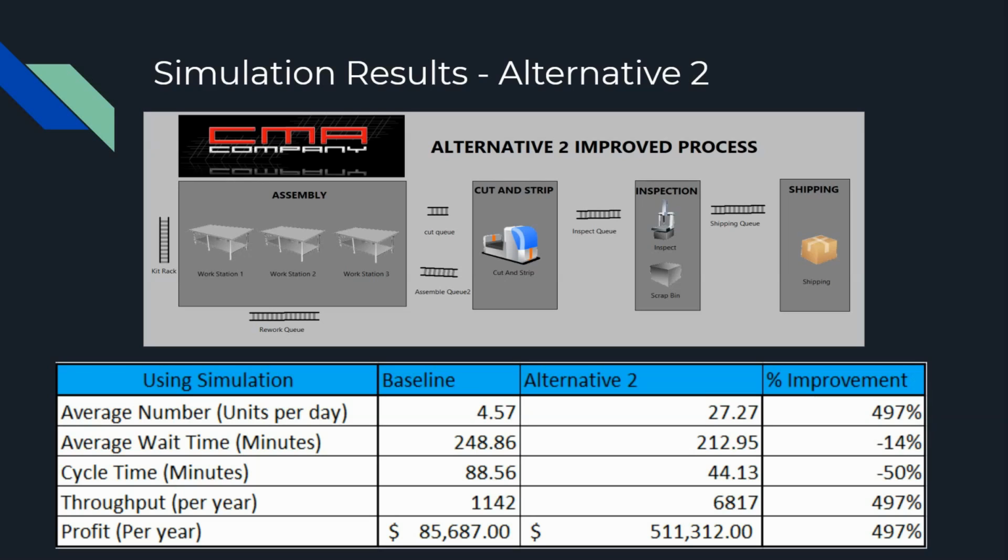This has a reduction in overhead from alternative 1 and an increase of throughput from 5,175 to 6,817. This allows for flexibility and possible disruptions of workflow or supply chain.